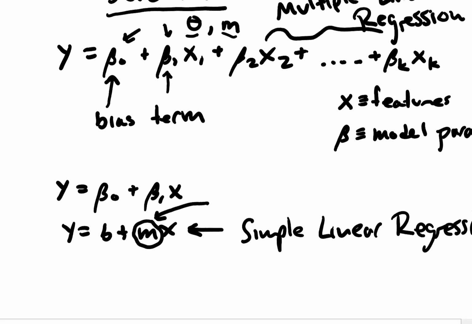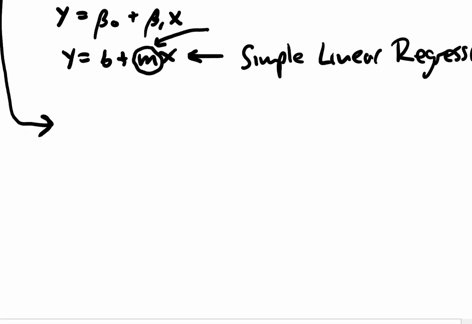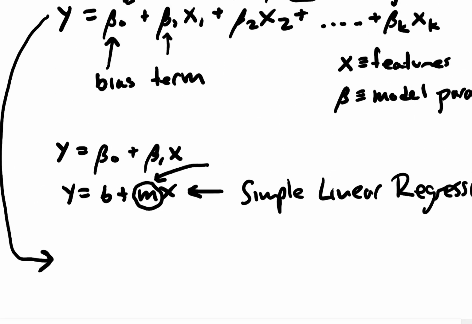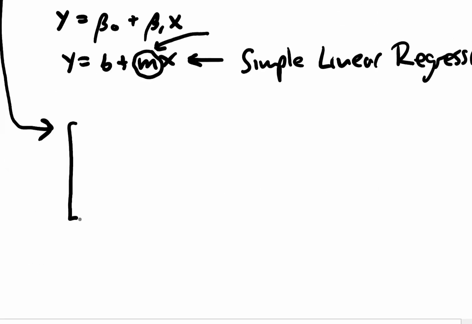All right, so what I want to do is rewrite the multiple linear regression equation in a way that I think is a little more helpful to visualize what's actually going into our equation. We don't just have one y, this is actually a vector. So we're going to have a vector of y's.